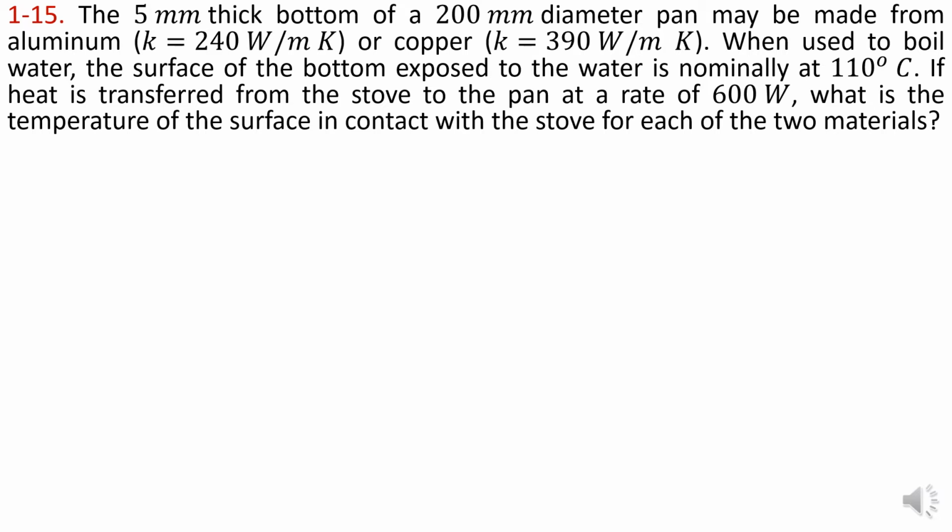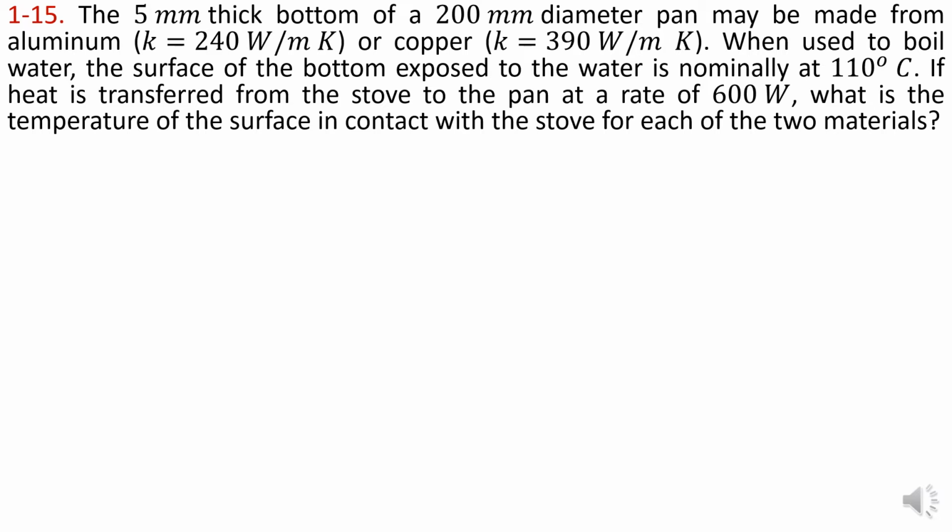When used to boil water, the surface of the bottom exposed to the water is nominally at 110 degrees centigrade. If heat is transferred from the stove to the pan at a rate of 600 watt, what is the temperature of the surface in contact with the stove for each of the two materials?